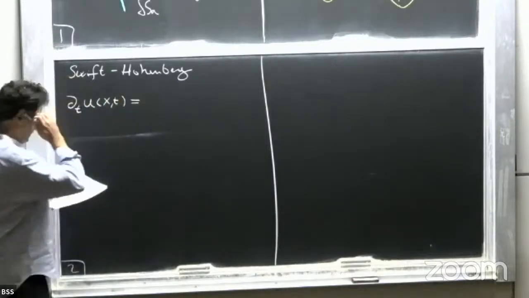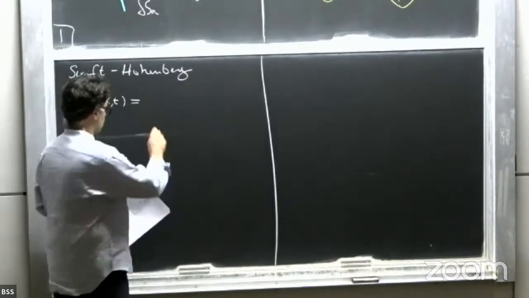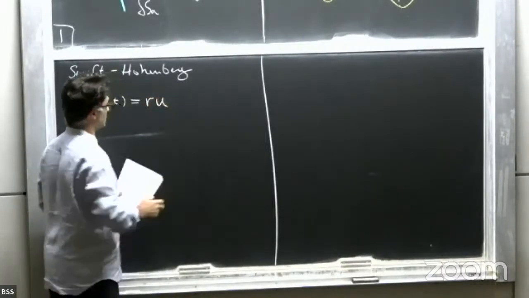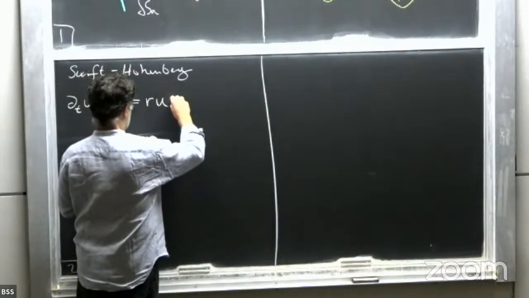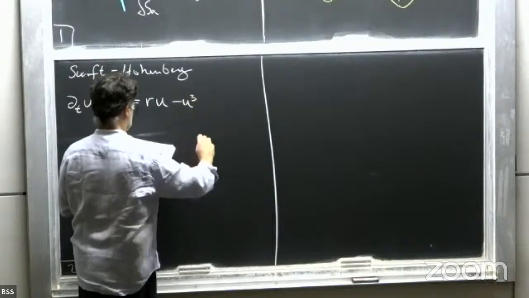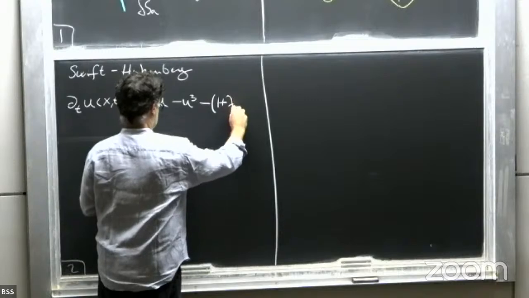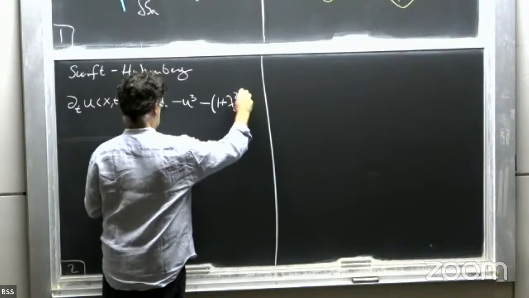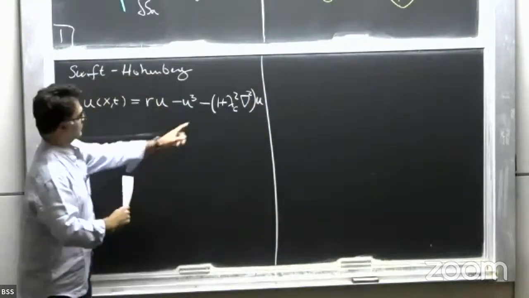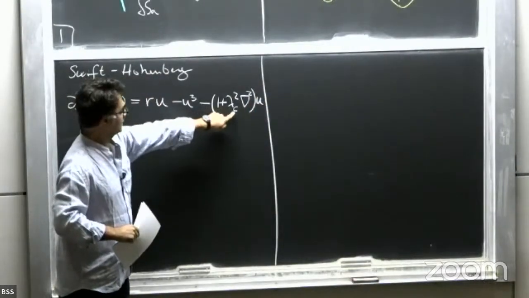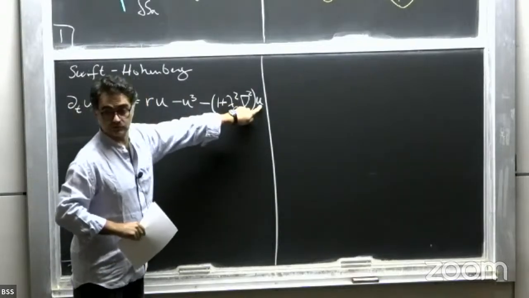And the right-hand side of this equation contains a linear term, it contains a cubic term, and it contains a term which is (1 plus lambda_c squared Laplacian) squared operating on U.